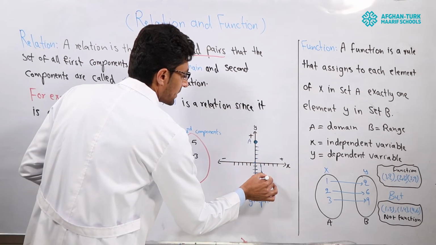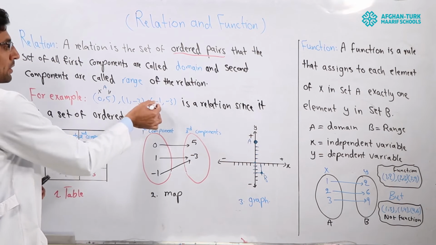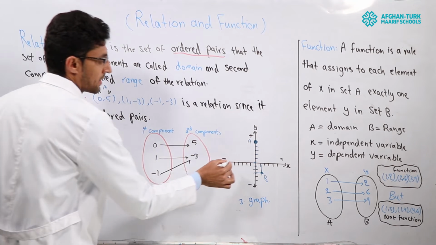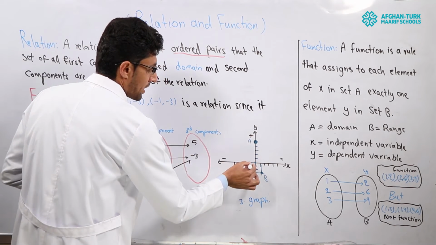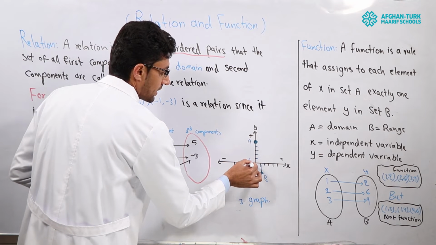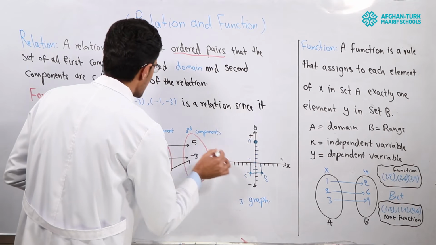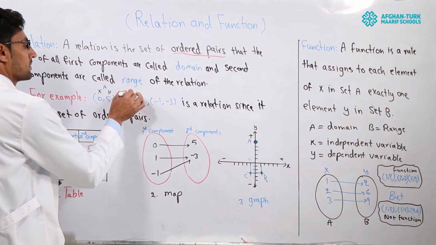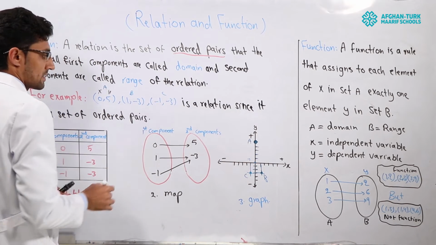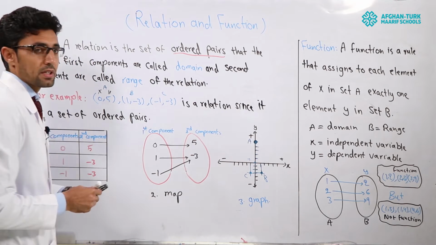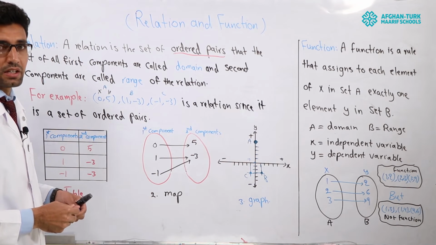It is the point B. Then minus 1, minus 3: on the left side is minus 1, and I have to come down. It is C. So in three ways we can show the relation.